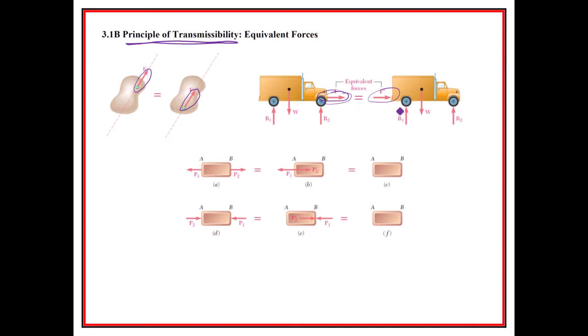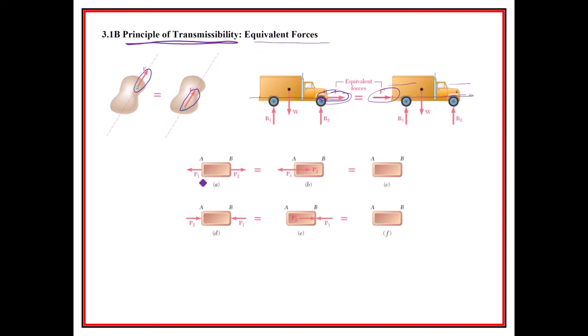Because these different loads could be different depending on the height of this force. Like if we push the height up there, yes, now it's going to be different. Like if we were pulling it up here, it could be different than if we're pulling it down there. But as long as these forces are along the same line, they're going to be equivalent forces.